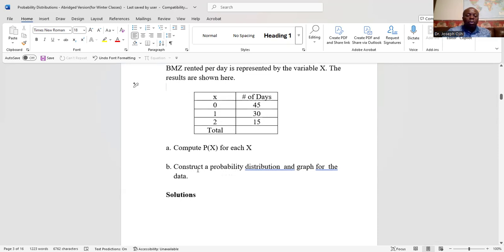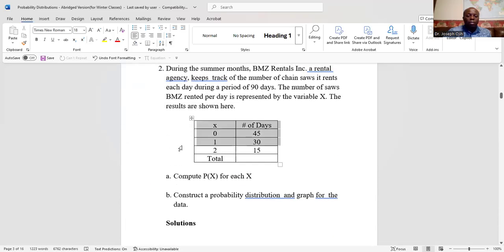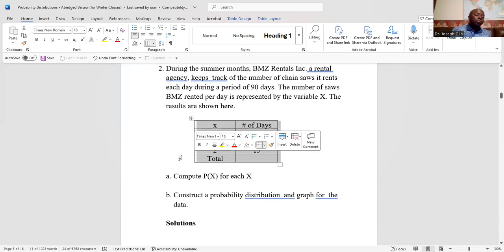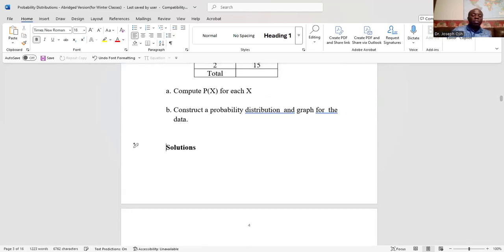And it says construct a probability distribution and graph the data. So let's start with making this. First of all, let's make the table. I'm going to copy this so we can make the table. Now move this down so we can have enough room.